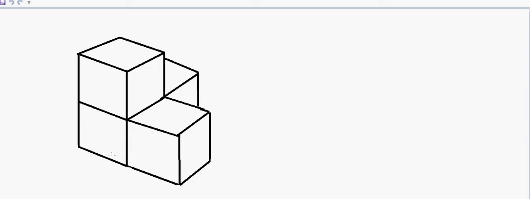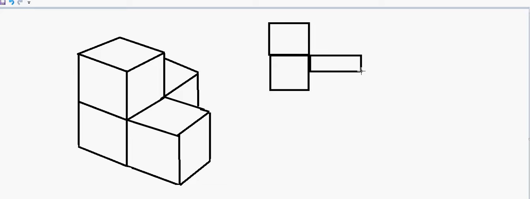If we were to look at the front of this, we wouldn't see this sugar cube behind it, so we would just see this sort of arrangement, okay. We would see something like this, okay.